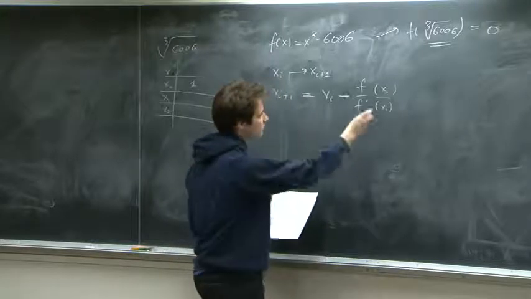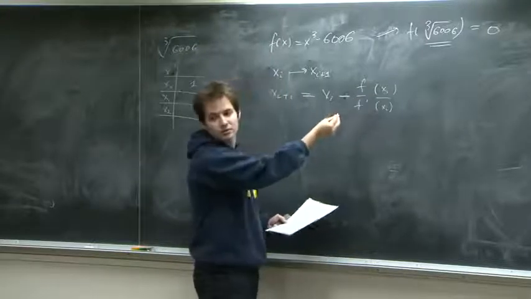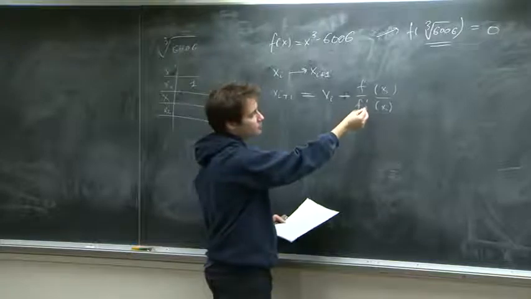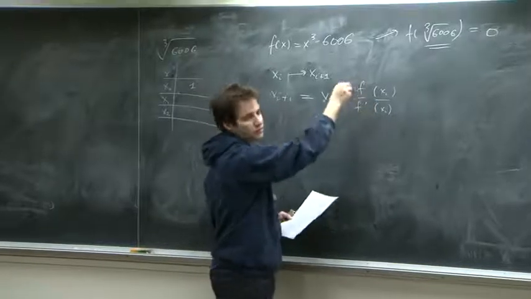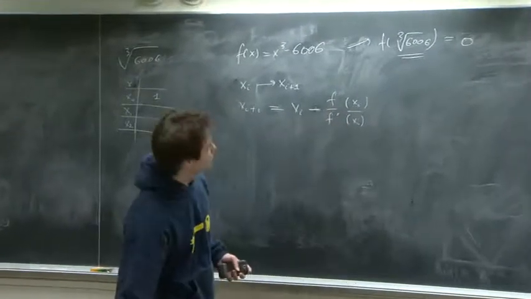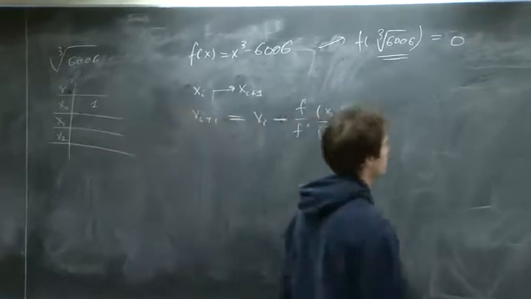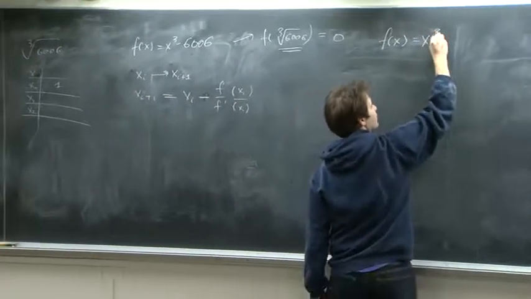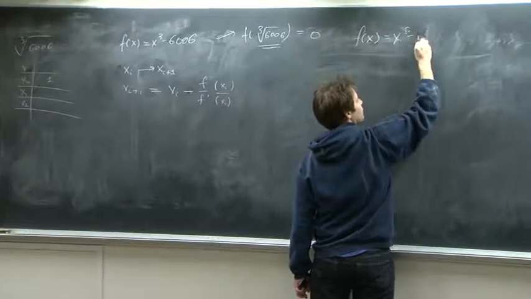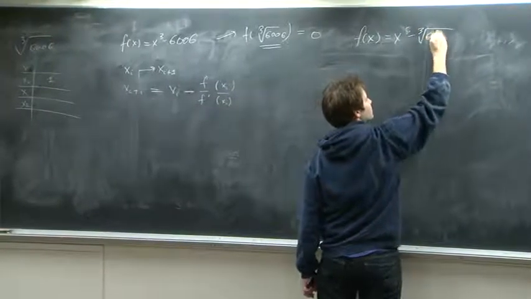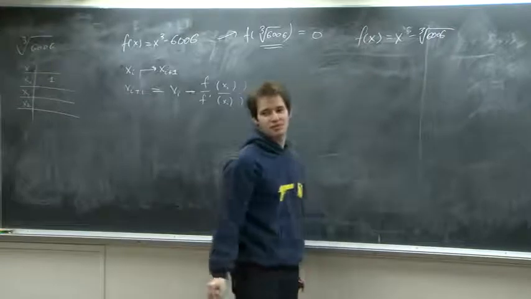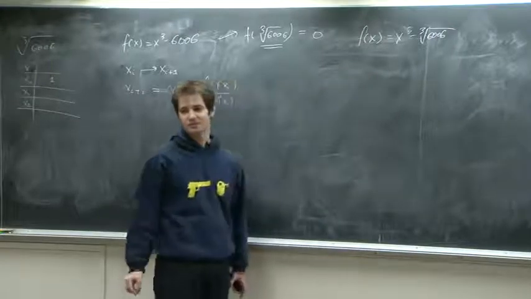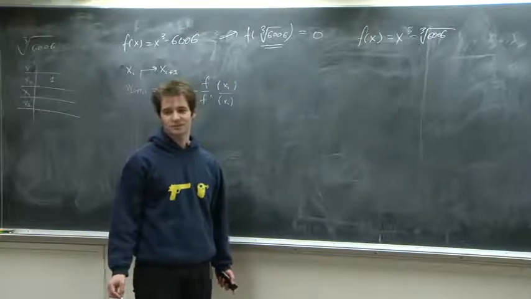Okay, so this is what we need to compute. You start with an approximation and you have to subtract this. So this has to be easy to compute. What if I chose instead a very nice function, x minus the cube root of 666? This is clearly 0 where I want it to be. But we don't know what the cube root of 666 is.